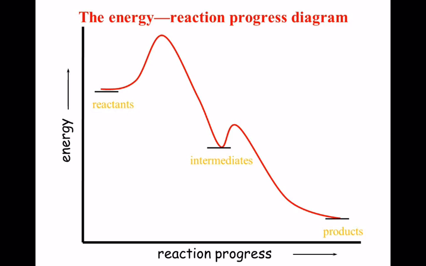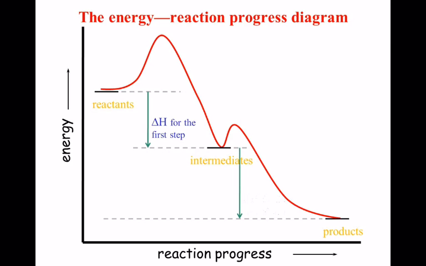Intermediates, kind of in between. Okay, of course, we have an enthalpy change associated with the first elementary step. It would be right there. That's your delta H. And we have an enthalpy change for the second elementary step. It's right there.